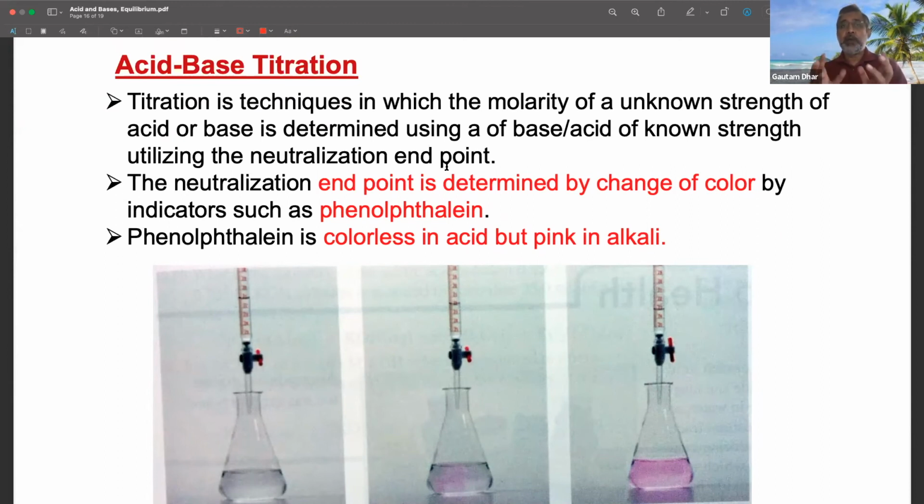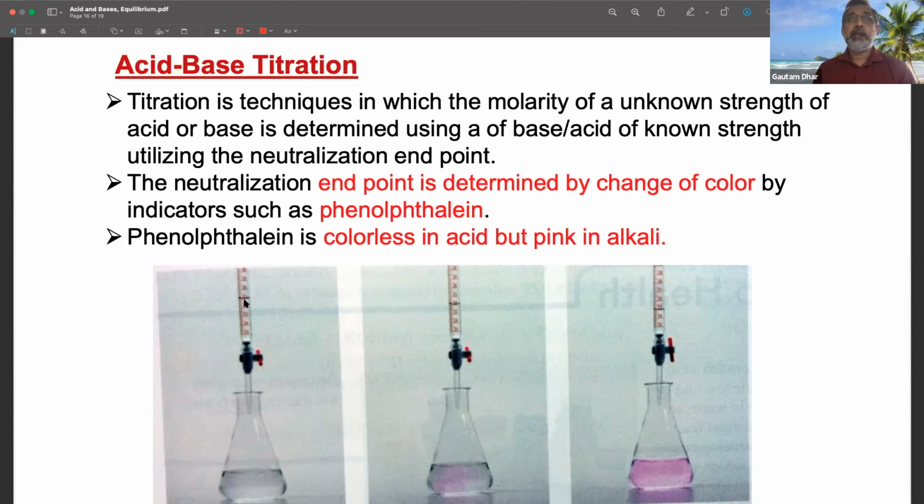So you have to know where the reaction is ending, the end point. You know the end point by adding an indicator. The classic indicator that we use is phenolphthalein. Phenolphthalein is colorless in acid, and you take the acid in a conical flask like this and add the indicator, and it's still colorless.